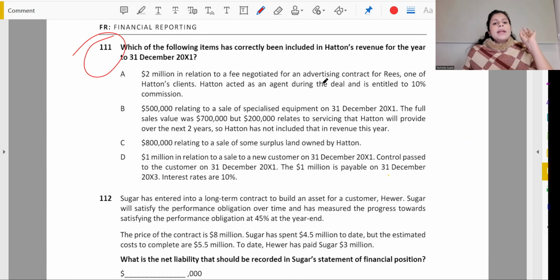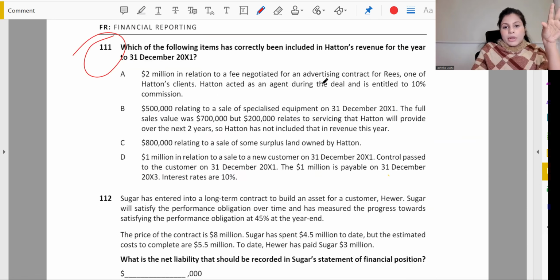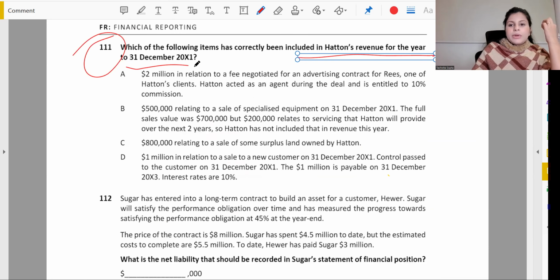Then which of the following items have correctly been included in Hatton's revenue for the year? Which of the following have been correctly included as revenue? You will tell me. Come on, read this question. First, which one of it is correctly included as revenue?